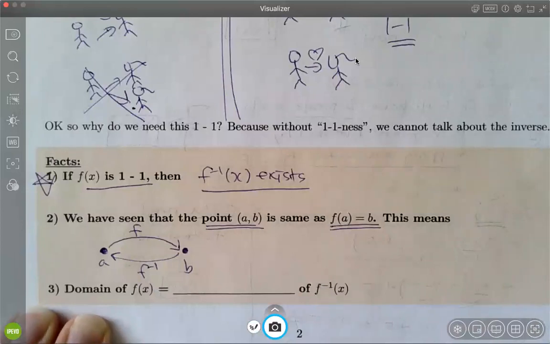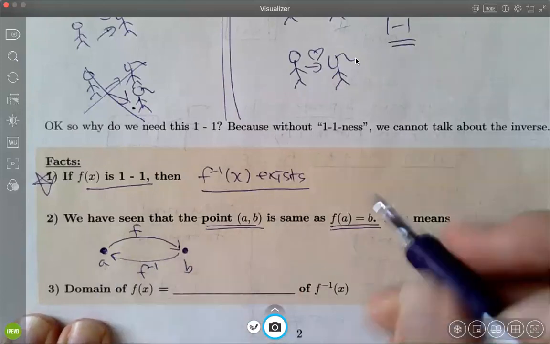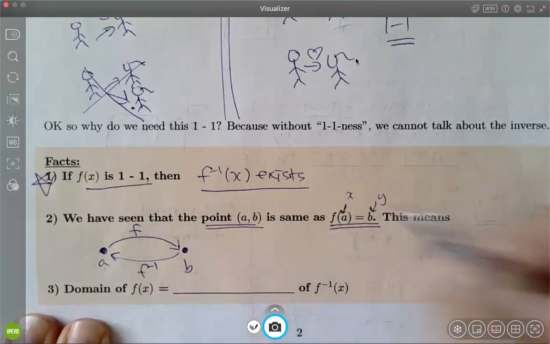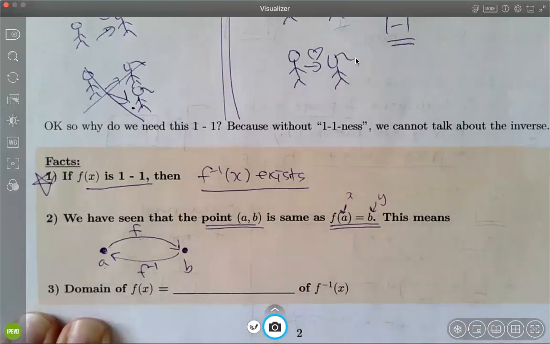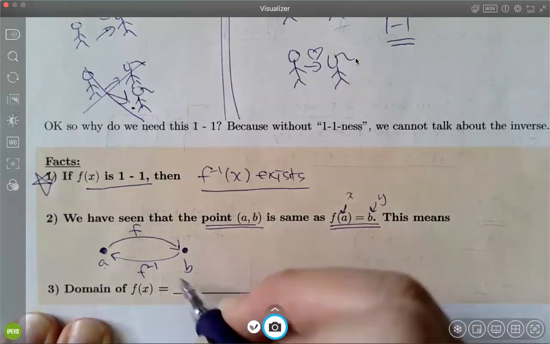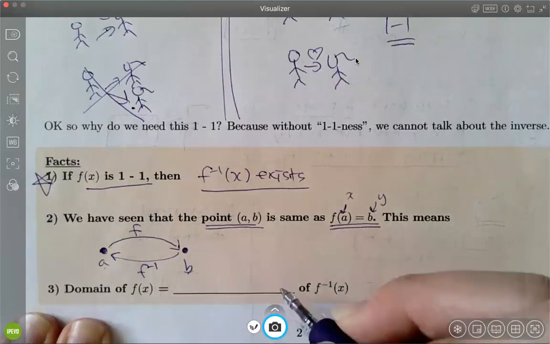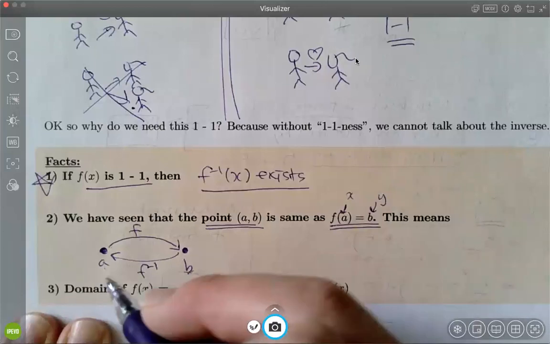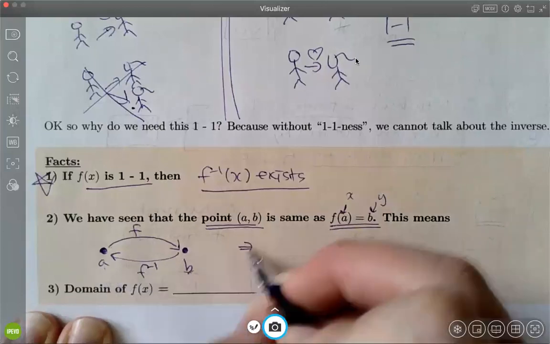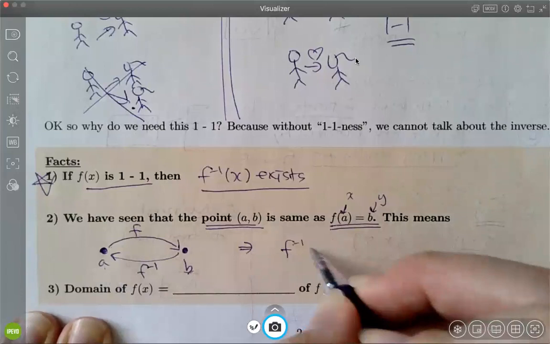Now, when you take the f bus, a was the x value and b was the y value. When you are coming back, what becomes the input? That, right? Because that's the starting point and that's the ending point. So what does that mean? It's f inverse of b.